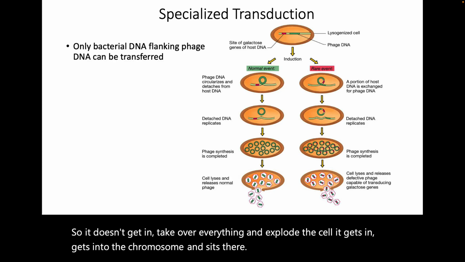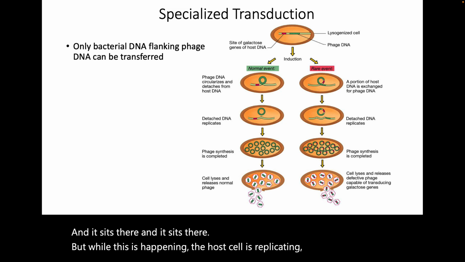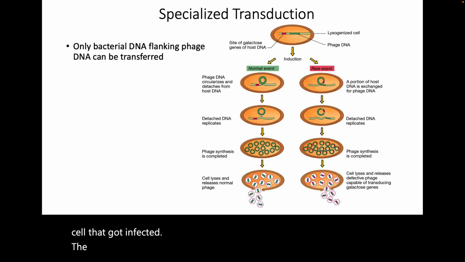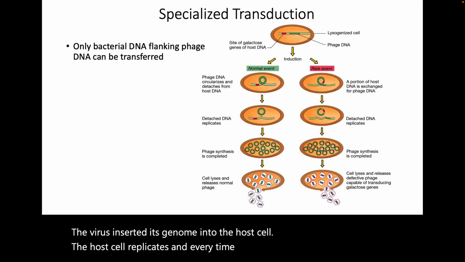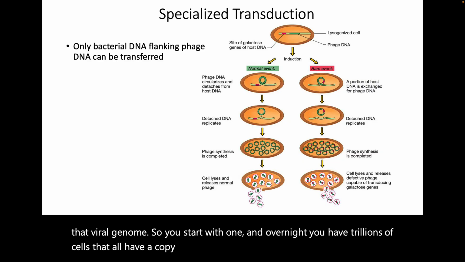And it sits there. And it sits there. But while this is happening, the host cell is replicating, right? So you have one cell that got infected. The virus inserted its genome into the host cell. The host cell replicates, and every time it replicates, it copies that viral genome. So you start with one, and overnight you have trillions of cells that all have a copy of this piece of viral DNA in their chromosome.